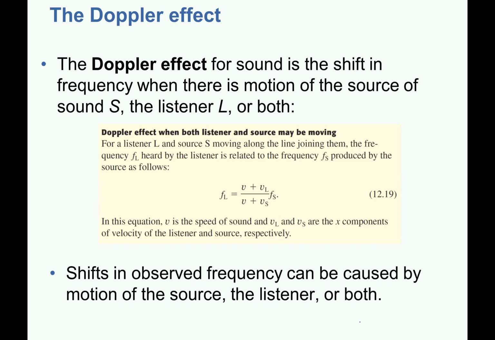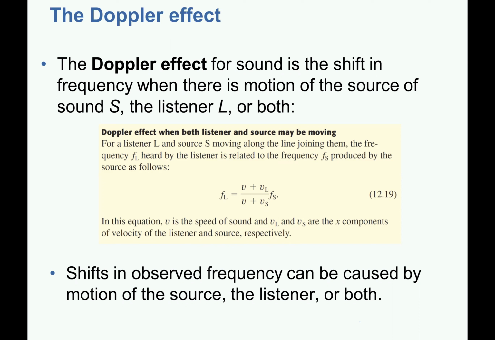You will notice that the frequency of the siren is increasing when it's moving toward you. But when it passes you, it starts decreasing in terms of its pitch. So you get an increase in frequency when it's moving toward you and a decrease in frequency when it's moving away from you.